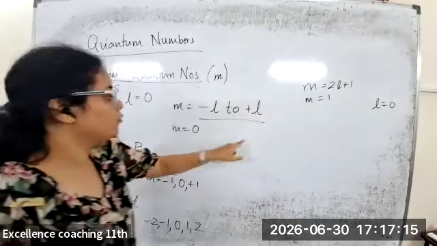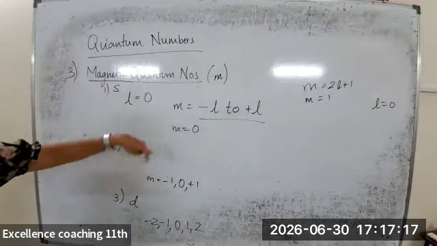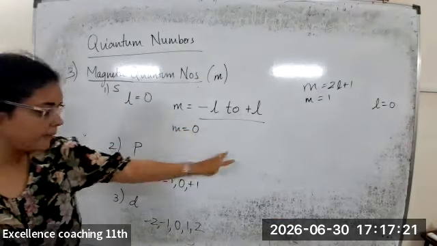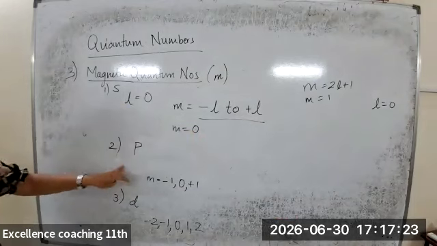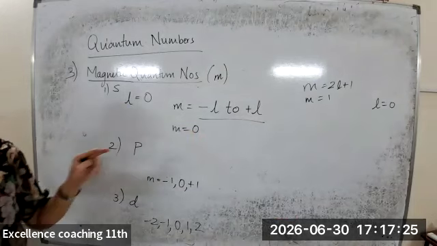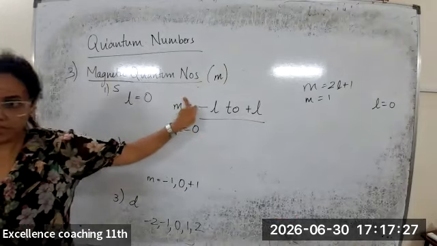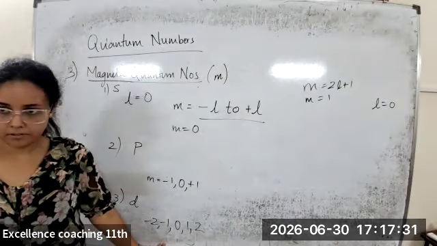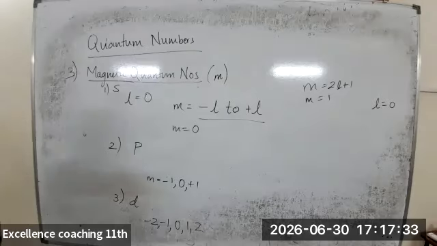Same way, for P, the answer is 3. So P can have 3 magnetic quantum numbers. For D, it will be 5. Understood?